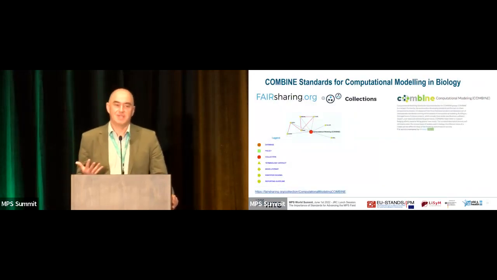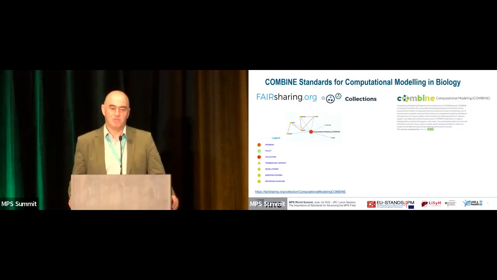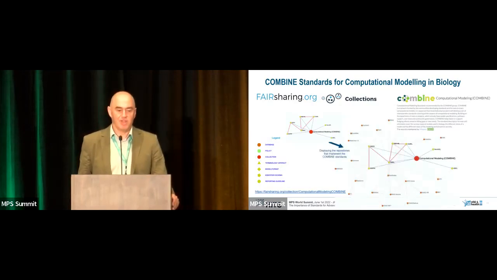Then you find some resources on the web to help you look through the forest of standards, like the FAIRsharing portal, and there you can find collections of domain-specific standards, like the COMBINE collection for the modeling standards.